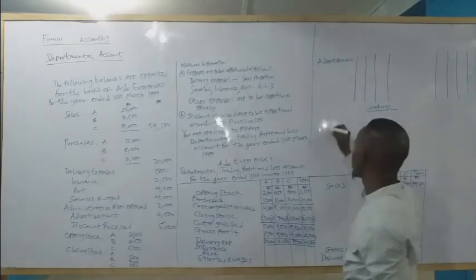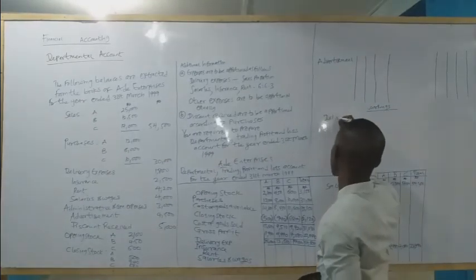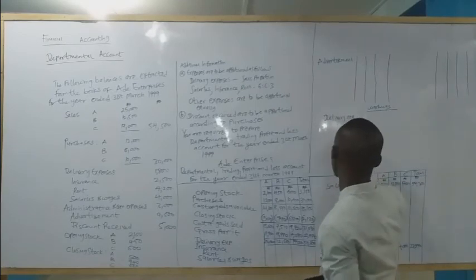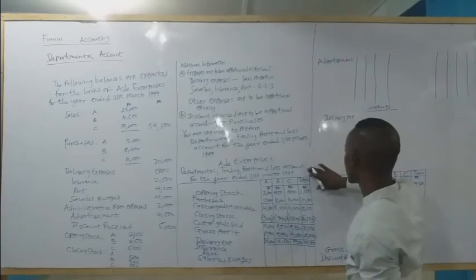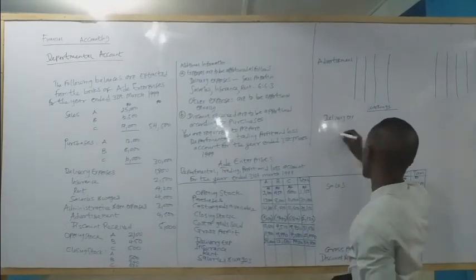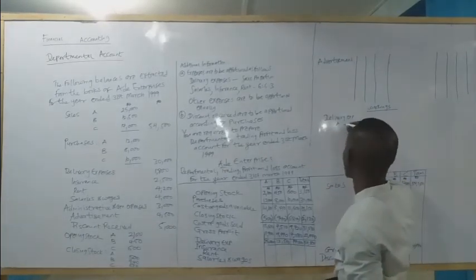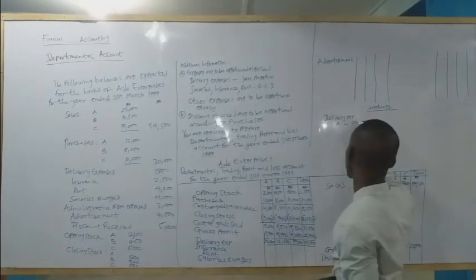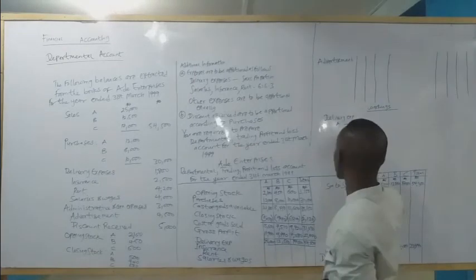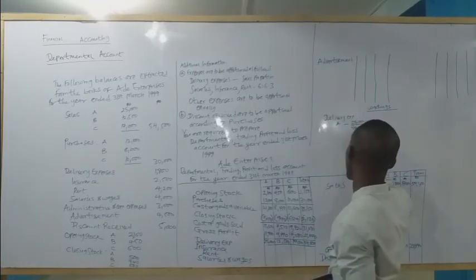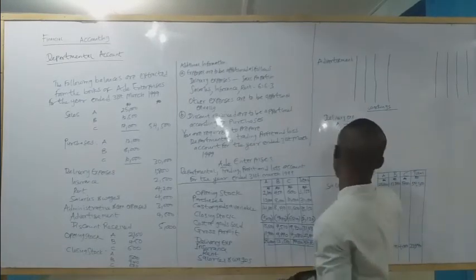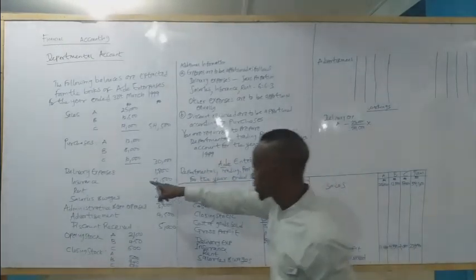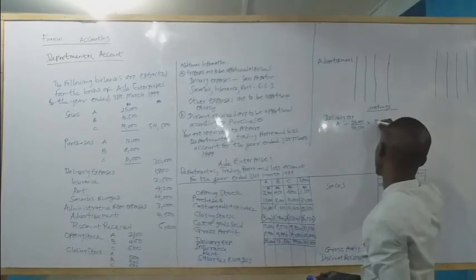So we then have delivery expenses. Look at our sales. Delivery expenses for Department A. Department A will then be what? 25,000 over 54,500 times 1,800.